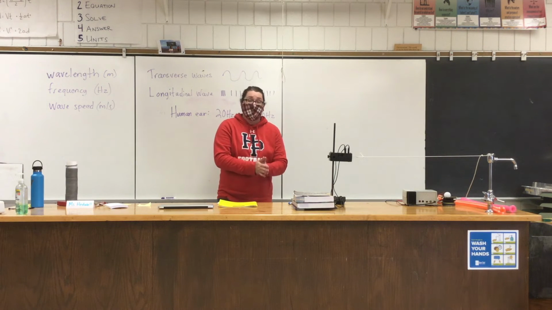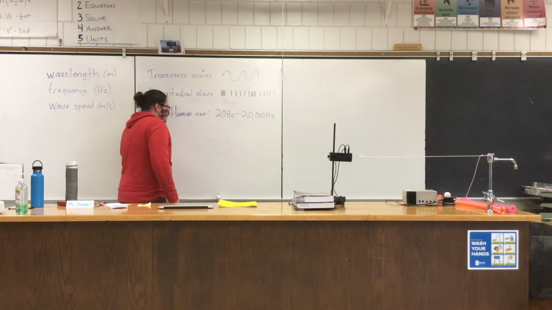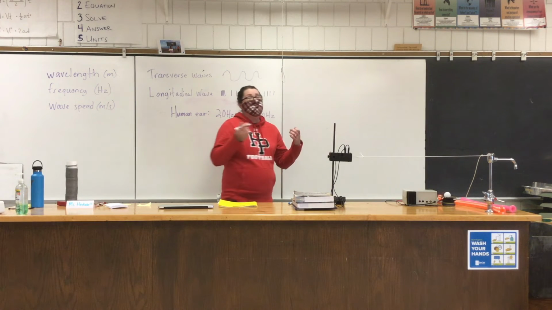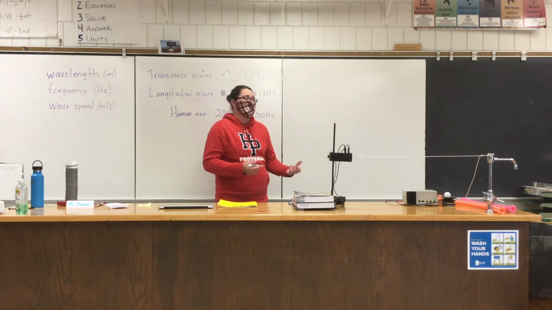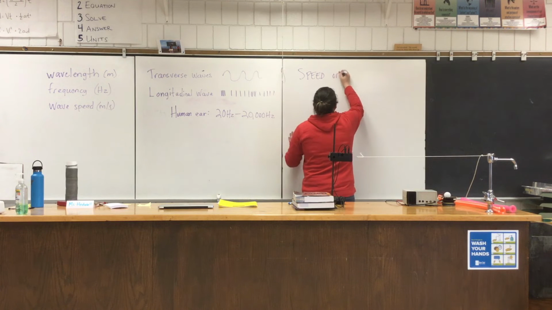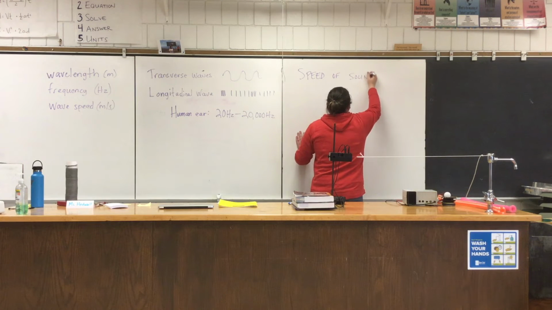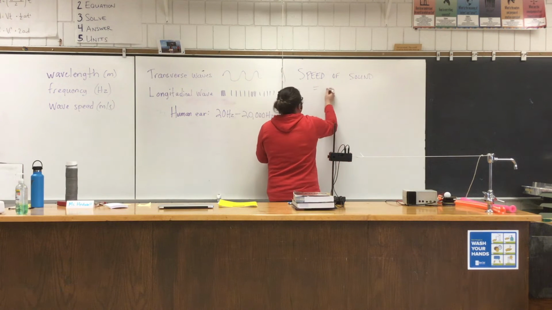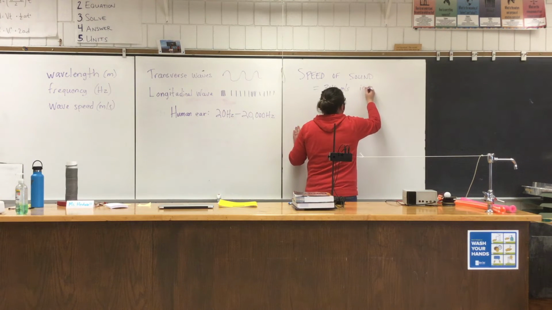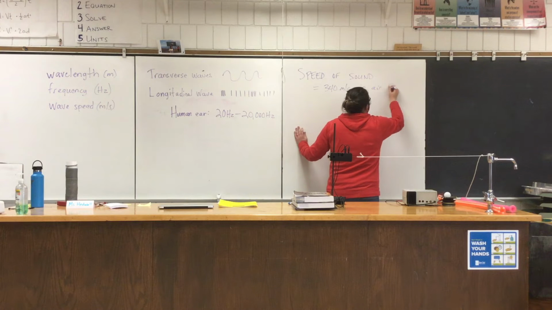So when we talk about sound, this is the range that we can hear. Sound travels at about 340 meters per second in air. So we'll say the speed of sound equals 340 meters per second in air at room temperature.